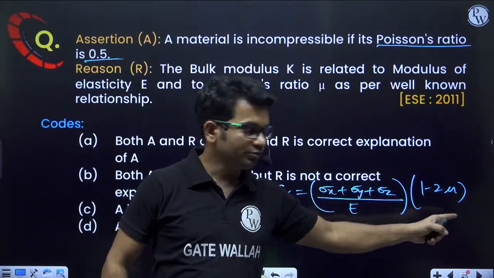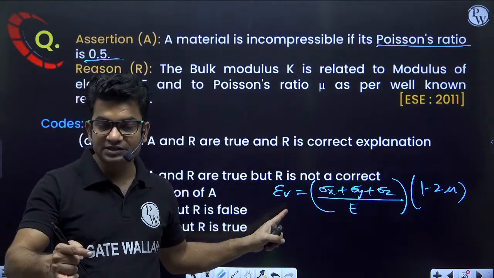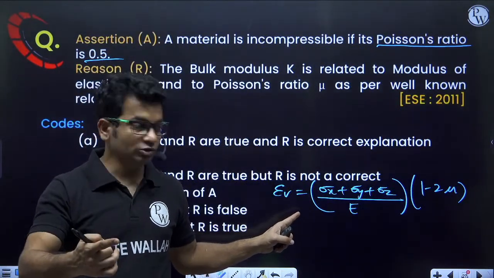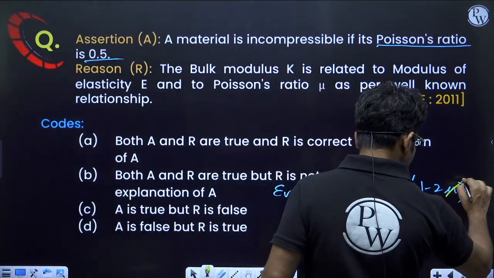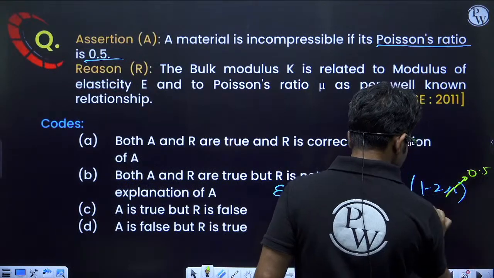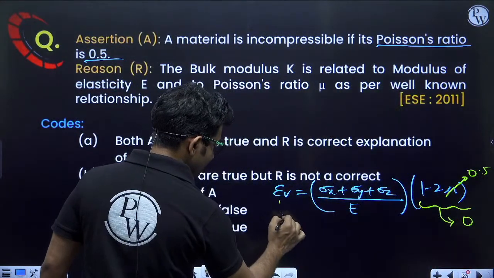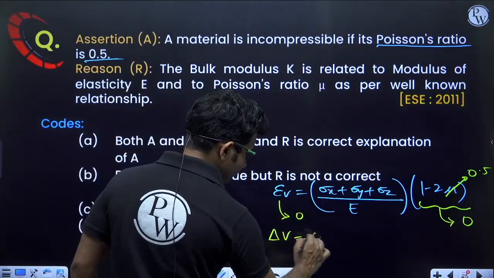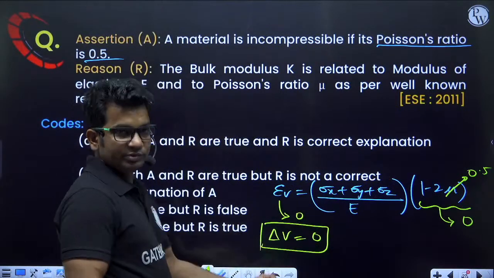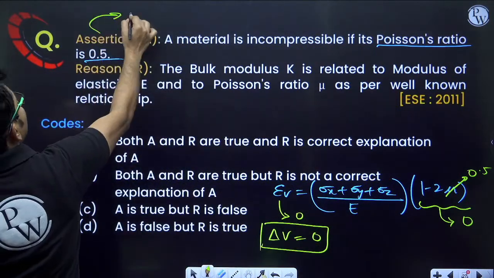When 1 minus 2 mu is 0, my volumetric strain is 0, and that means the change in volume is also 0. And when change in volume is 0, my material is incompressible. So the assertion is correct.